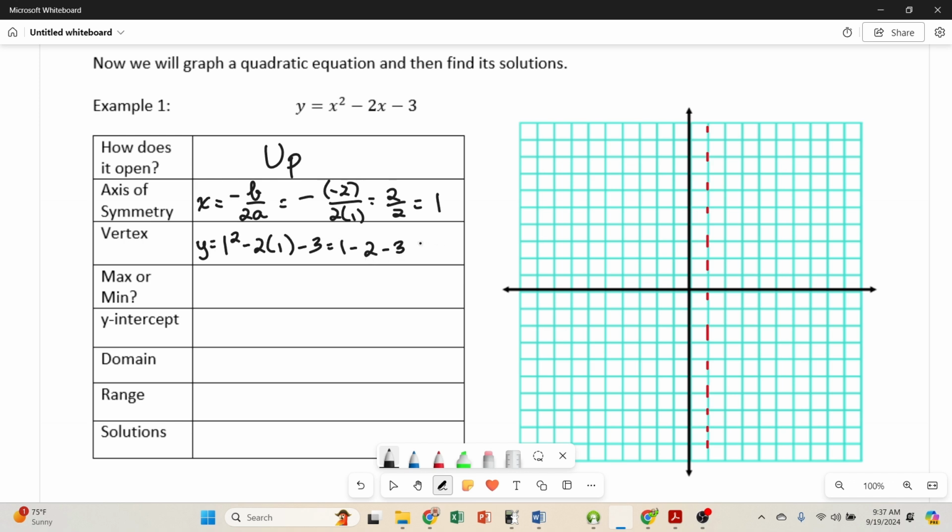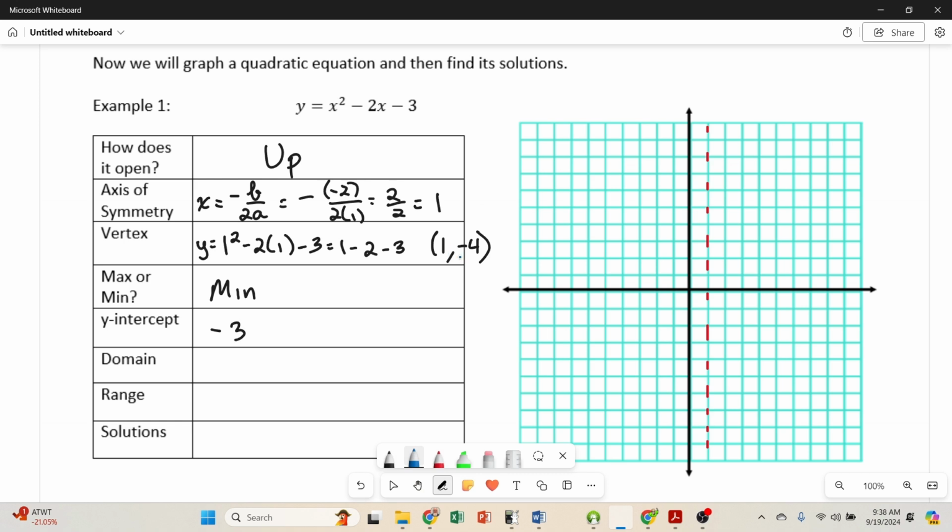Negative 1 minus 3 is negative 4. So our vertex is at 1, negative 4. Now, our max or min, well, since this is opening up, we're going to have a minimum here. The y-intercept is going to be negative 3.